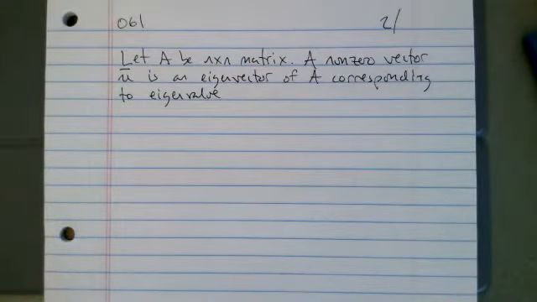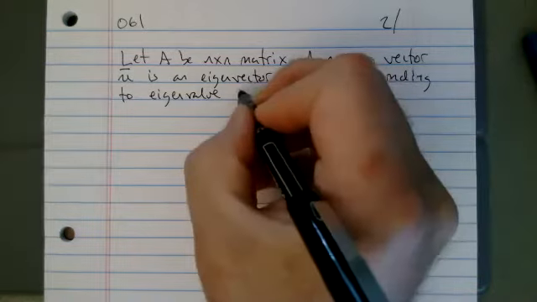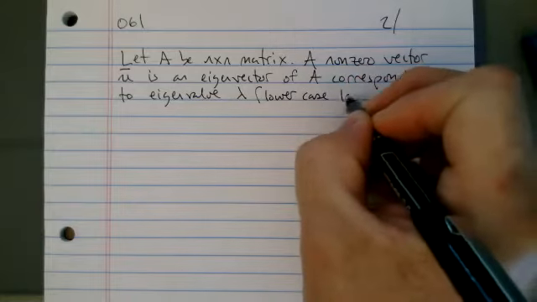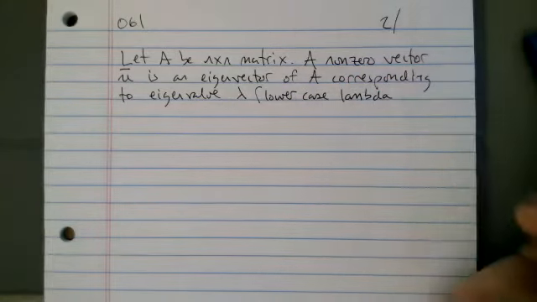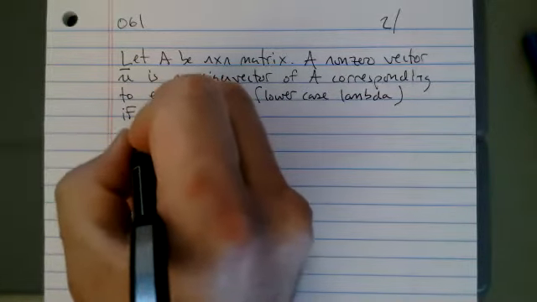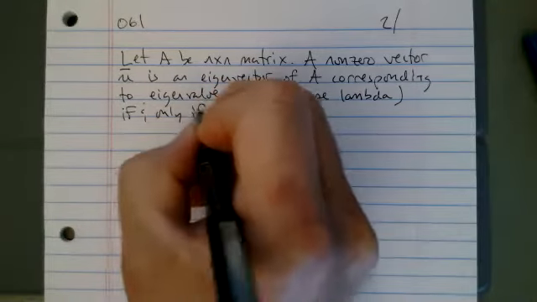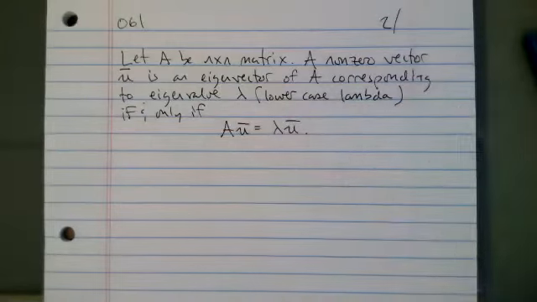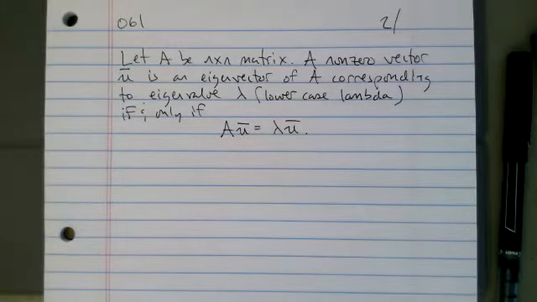We usually use lambda to represent eigenvalues. So eigenvalue lambda, if and only if A times U is equal to lambda times U. So eigenvectors have to be non-zero vectors, and they correspond to eigenvalues, lambda, if and only if A times U is equal to lambda times U.